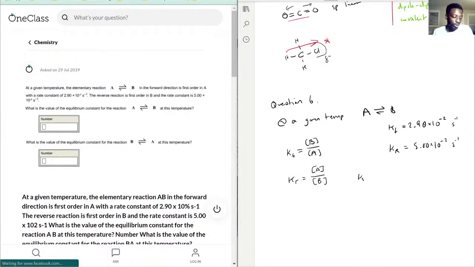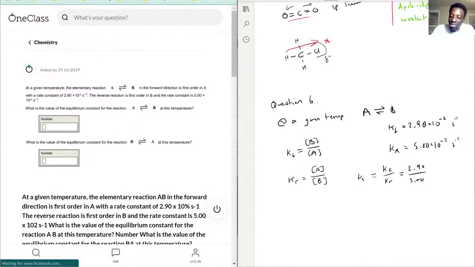Well, actually you can have just K. So what you want to do is put KF over KR for the reaction A to B. You want the forward over the reverse reaction. As we discussed, the forward reaction is the 2.90, and the reverse reaction is 5.00.